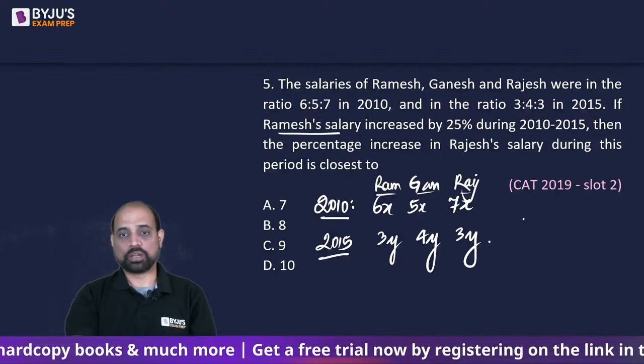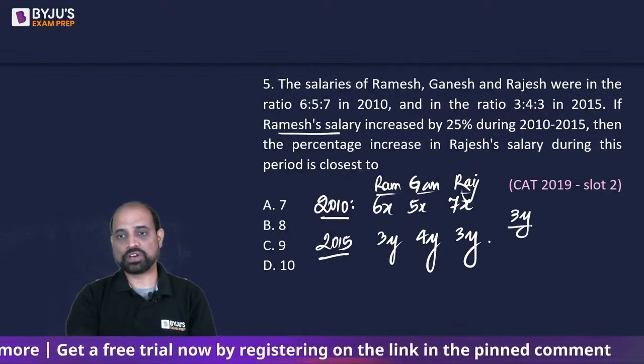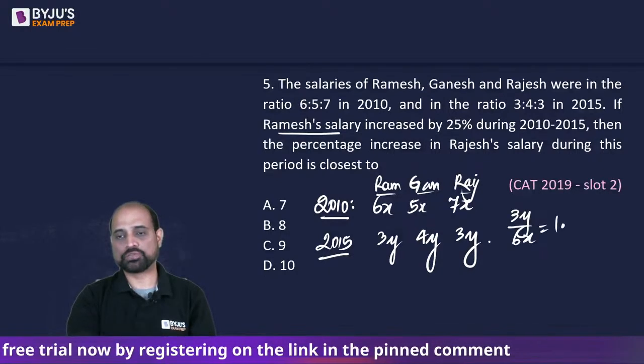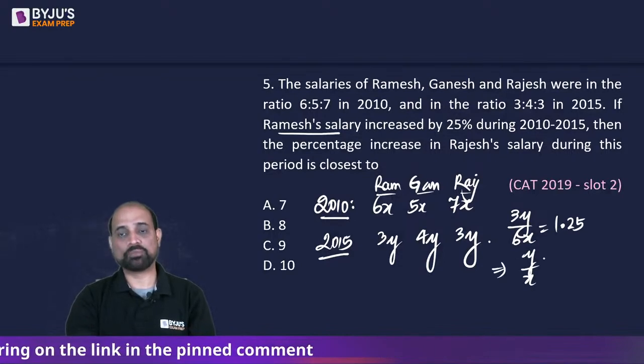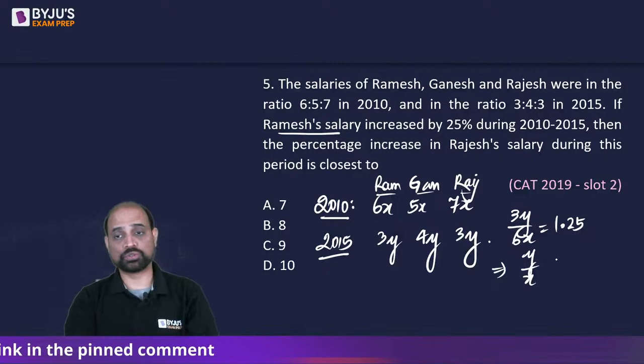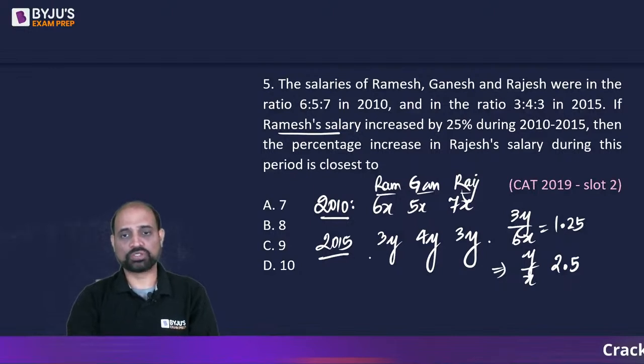Okay. So Ramesh's salary increased by 25%. So we can say 3y by 6x is equal to 1.25. Or if you solve this, you will get y by x equal to 2.5.